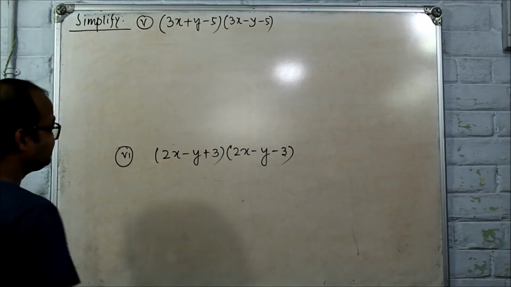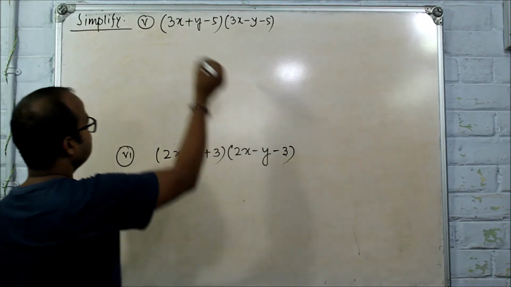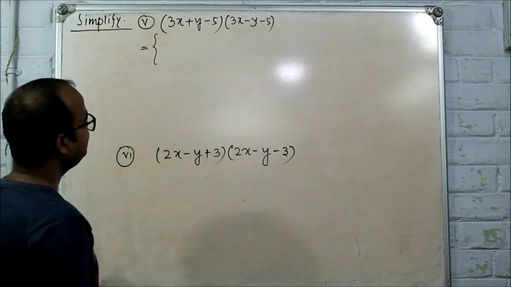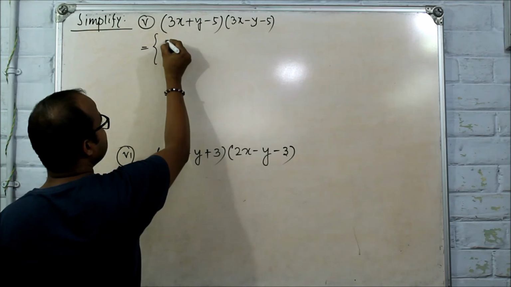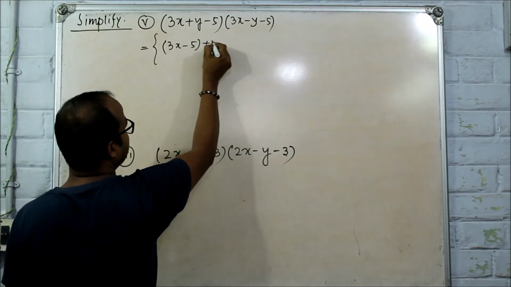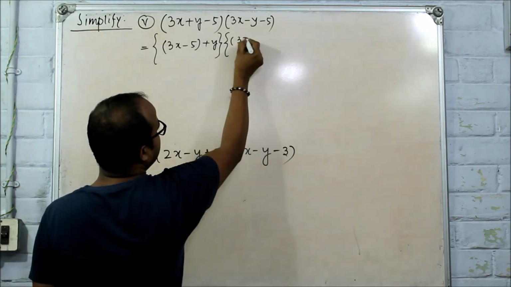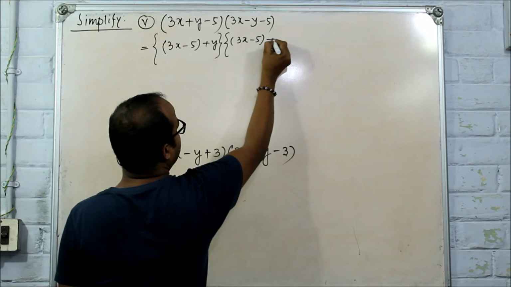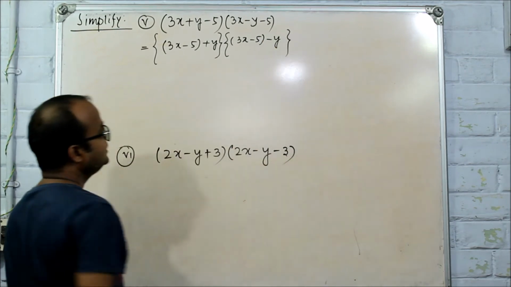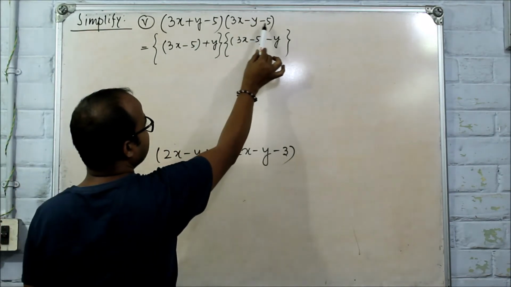Now let us discuss these two problems. First, here what we do, we rearrange the terms. That is, we are writing 3x minus 5 plus y and 3x minus 5 minus y as 3x plus y minus 5, 3x minus y minus 5.